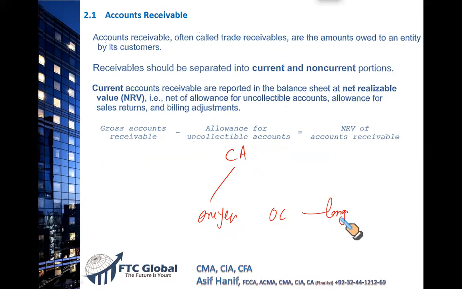I hope you remember. So mostly, I hope you know that invoice period is hardly 2 months or 3 months max. So they pay you within 3 months. So that is clearly less than these two, 1 year or operating cycle, whichever is longer. So that's how we determine our current account receivable.